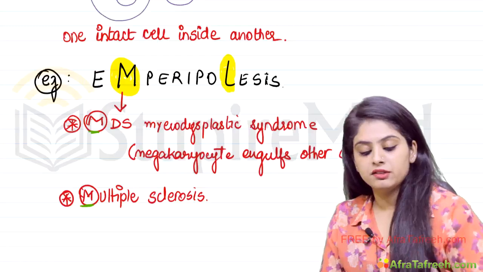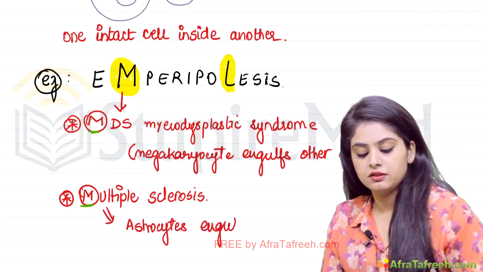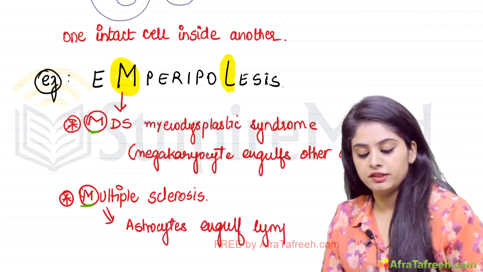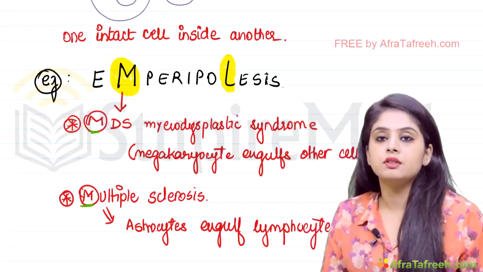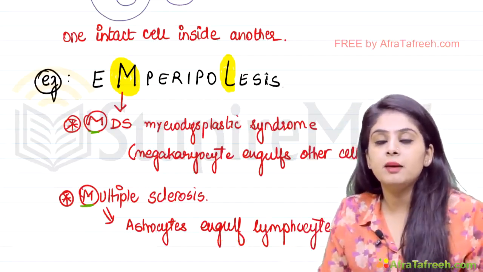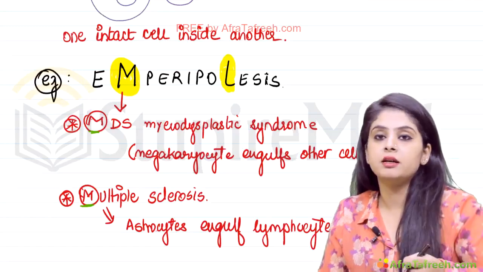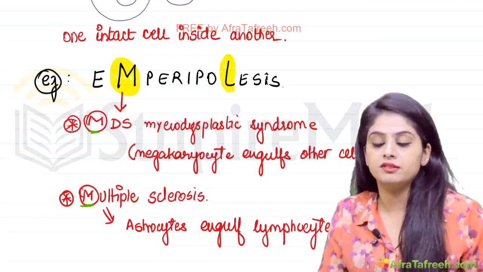M for MDS, M for multiple sclerosis. In multiple sclerosis, the astrocytes engulf the lymphocytes. Astrocytes which are present in the brain will engulf which cell? The lymphocyte. Is there any killing happening? No. So this is an example of one cell taking up another, that is Emperipolesis.